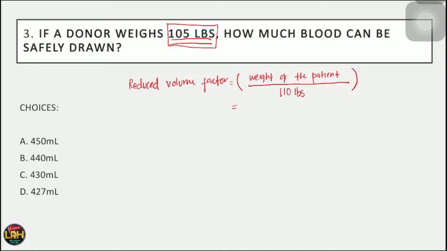To translate, our given is 105 pounds divided by 110 pounds. So 105 divided by 110 is 0.955.